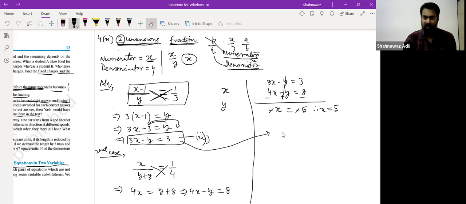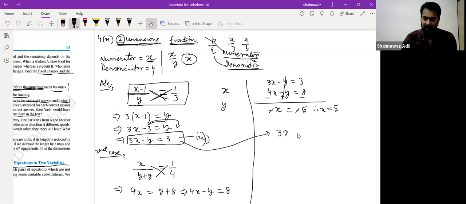Basically, I was about to say the second equation. Take the second equation. Yes, so use this second equation, right? Are we correct, Adil? Yes. So we can use this equation to calculate the value of y.